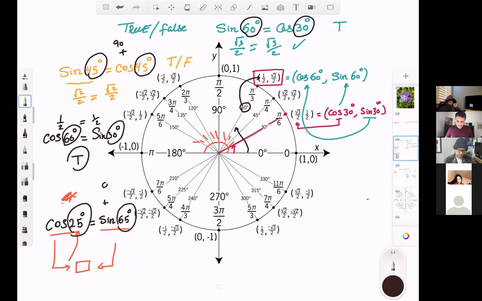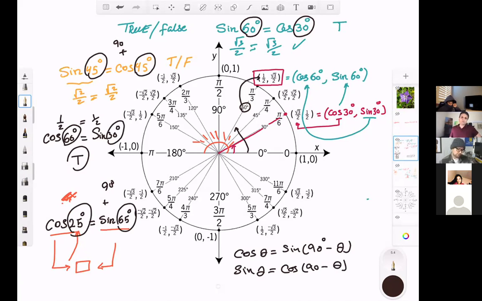If you add them, you get 90. So if you add them to equal 90, then they are equal. For example, cosine of theta equals sine of 90 minus theta, same as sine of theta equals cosine of 90 minus theta.